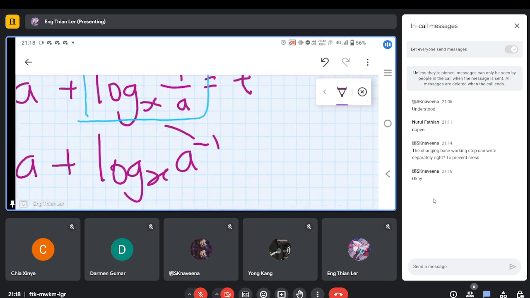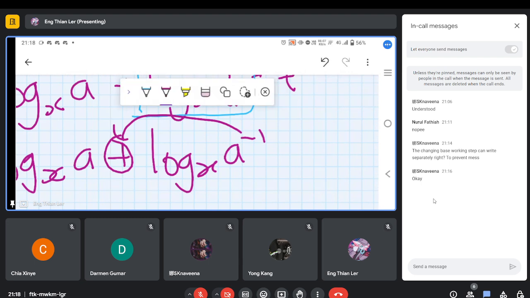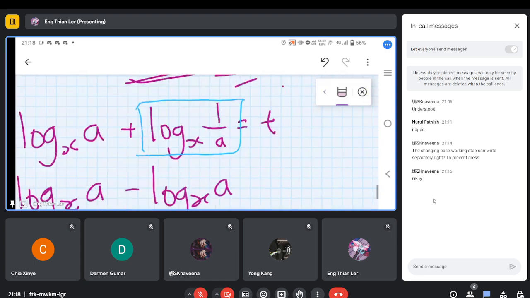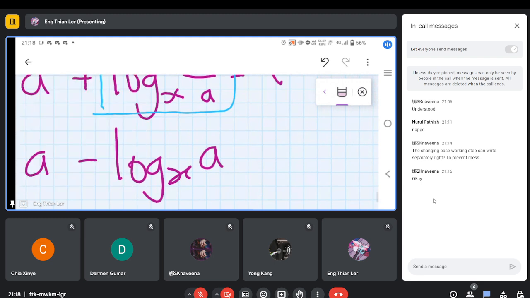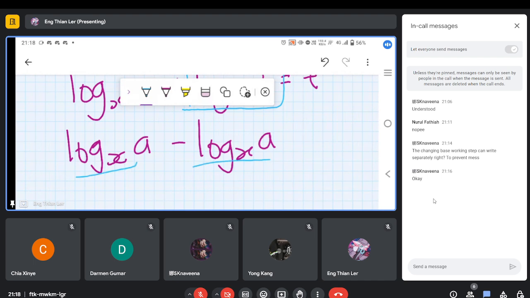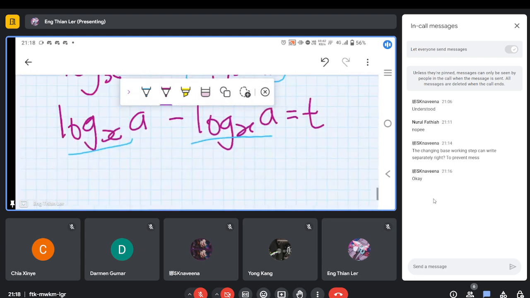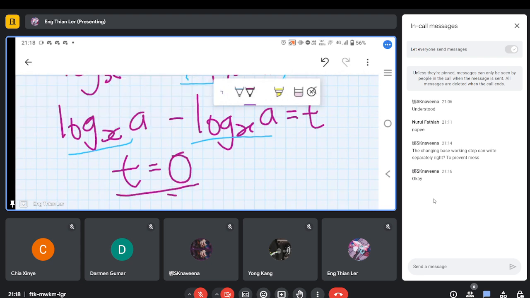And when negative 1, we put the sign outside. So this plus becomes negative already. So it will just become from log 1 over a become negative log a base x. And look at that. This is the same. And don't forget this is equal to t. So t equals 0. That's the answer. Very shocking. t is equal to 0.